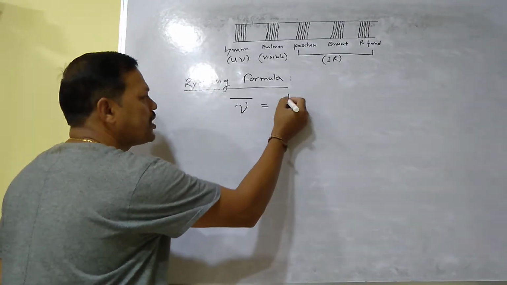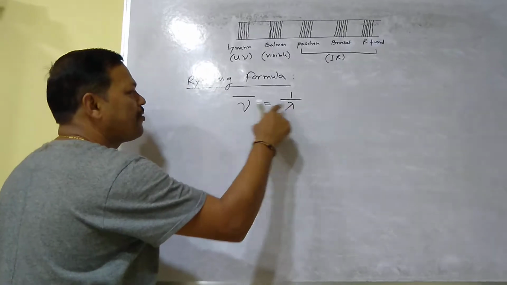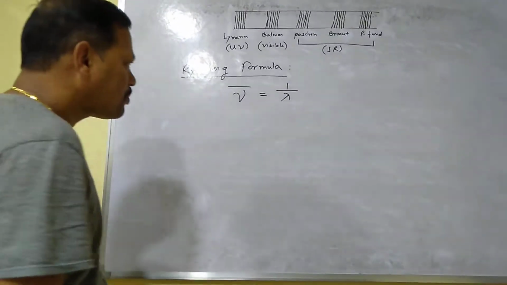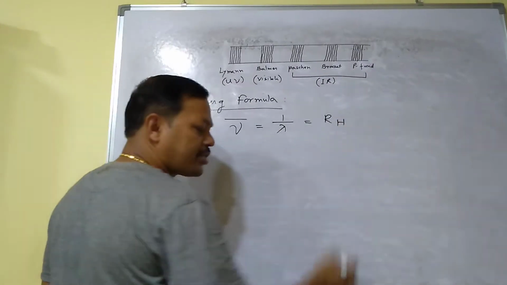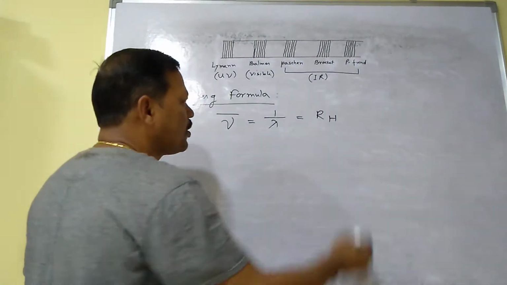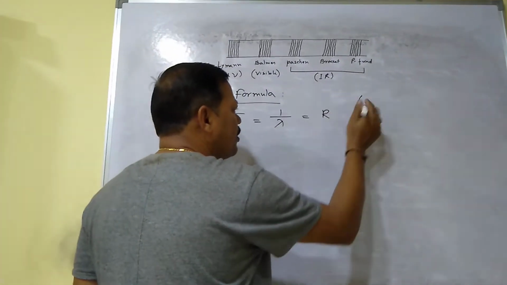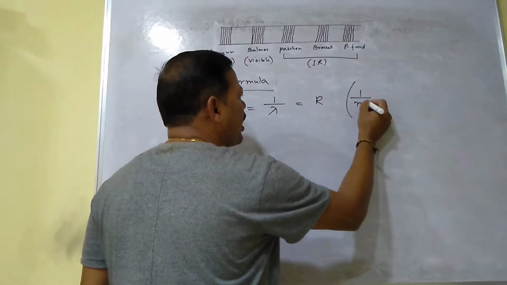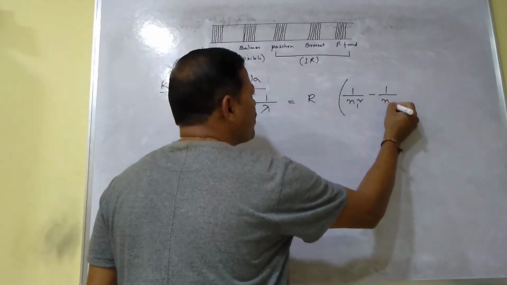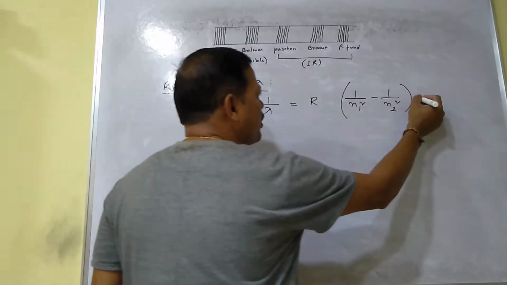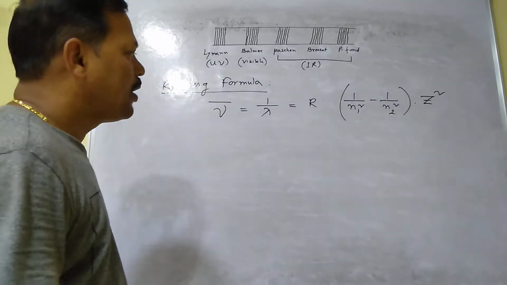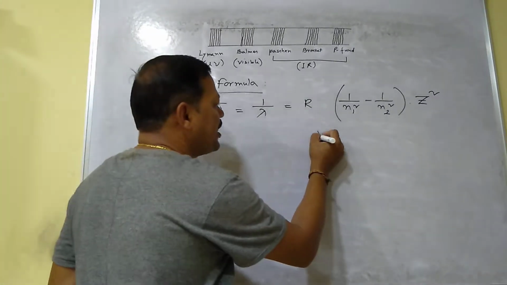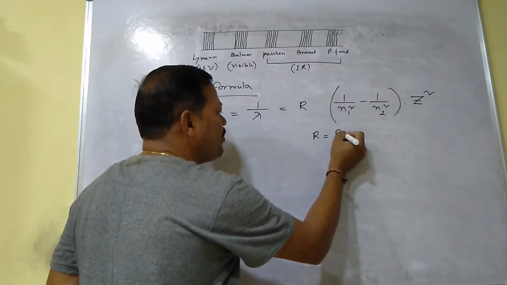You know wave number is equal to 1 by lambda. The reciprocal of wavelength is called the wave number. This is equal to RH, the Rydberg constant of hydrogen, into 1 by n1 square minus 1 by n2 square, into Z square, where Z is the atomic number, and here R is called the Rydberg constant.